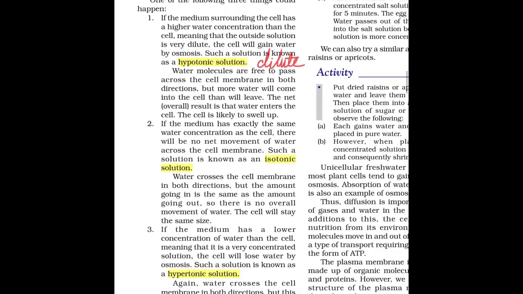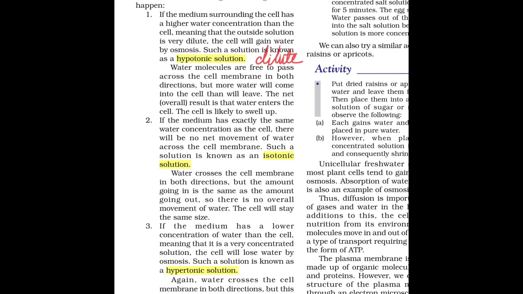If the medium has a lower concentration of water than the cell, meaning that it is a very concentrated solution, the cell will lose water by osmosis. Such a solution is known as a hypertonic solution. Again, water crosses the cell membrane in both directions, but this time more water leaves the cell than enters it.